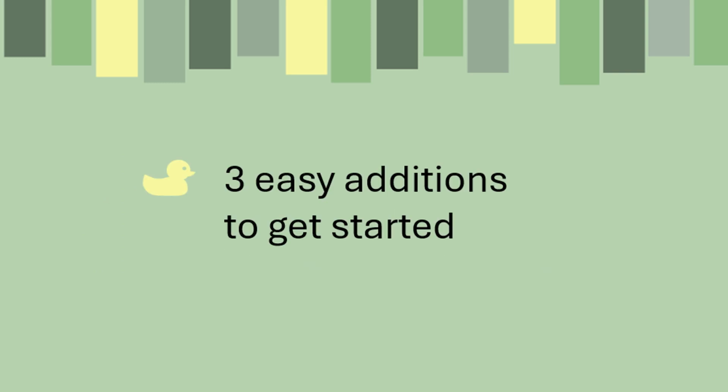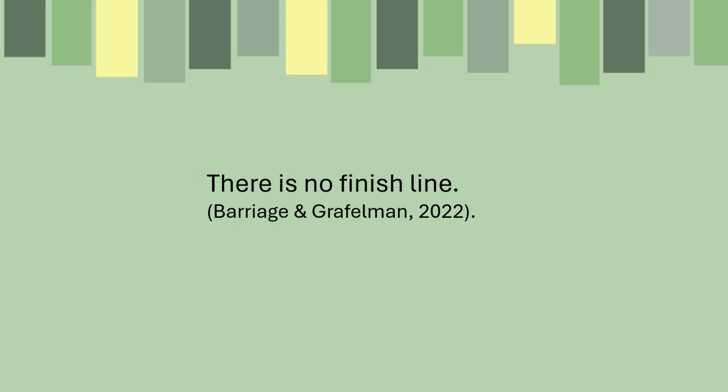So that was my 3 easy additions to get started on a more inclusive story time. The slide here says to get started because we can't just toss these things out there and say, okay, we're done. We've accomplished it. According to Berridge and Graffelman, there is no finish line. There's always more that we can learn.